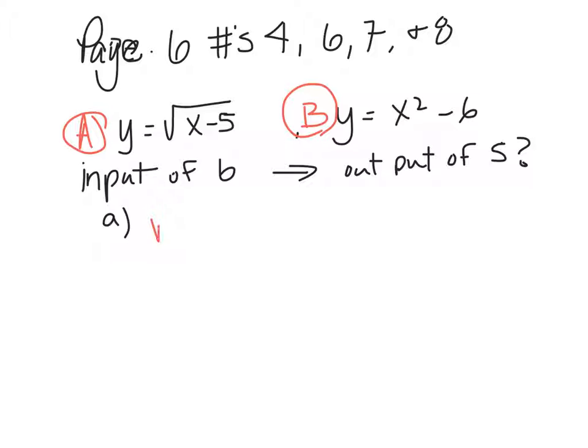So, we're going to write 6 minus 5. And the square root of 6 minus 5 equals the square root of 1, which we know is 1.